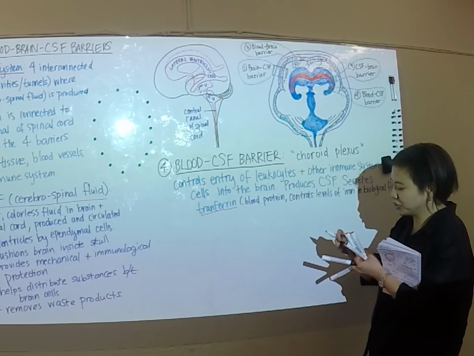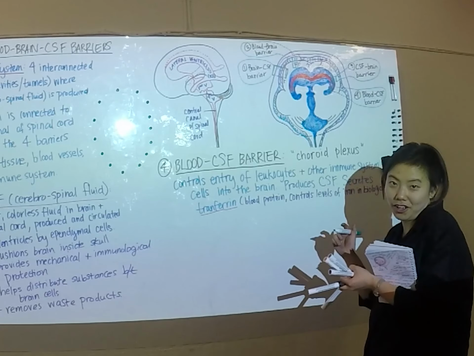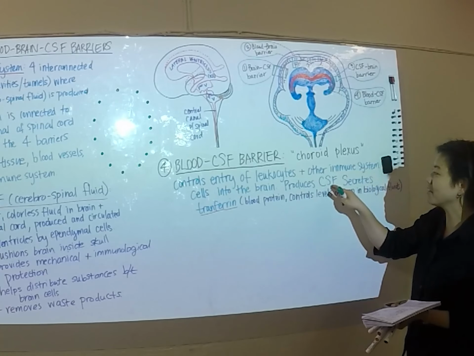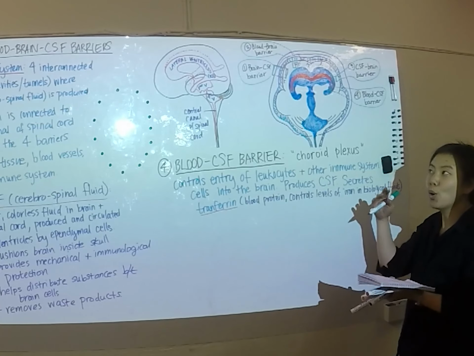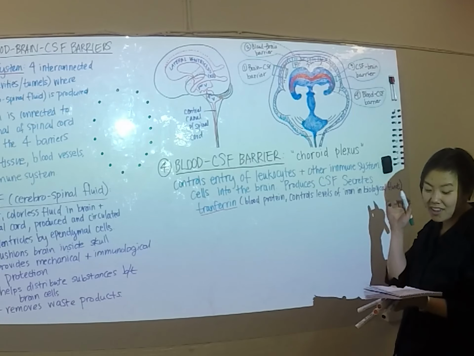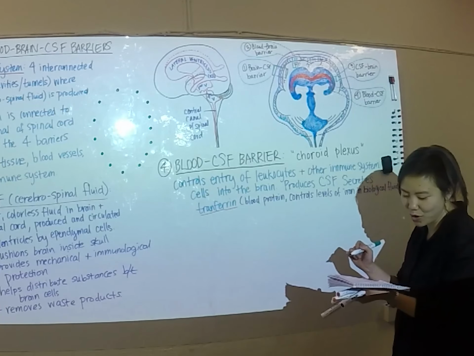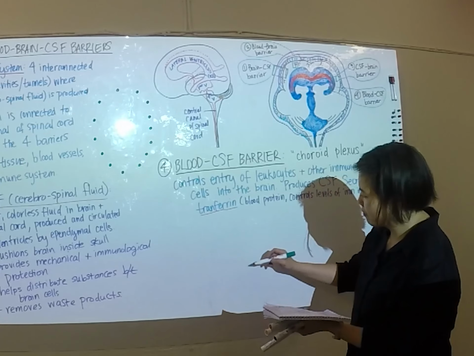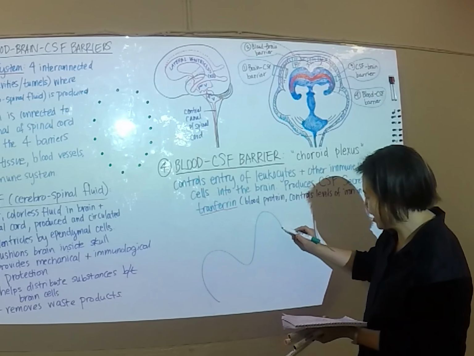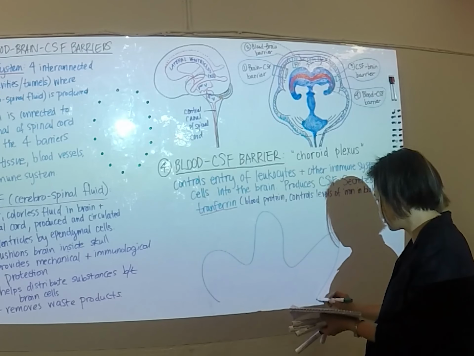So guess which glial cell is involved. If this barrier produces CSF, which glial cell produces CSF? Ependymocytes. Okay, so I'm going to make a wiggly line here.